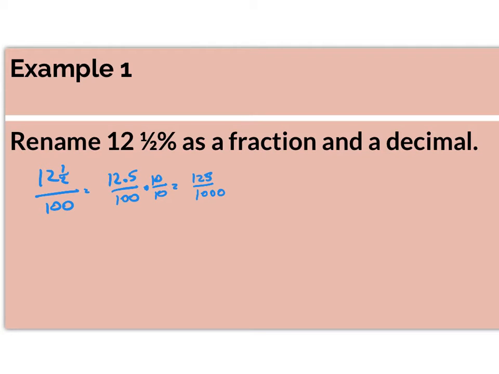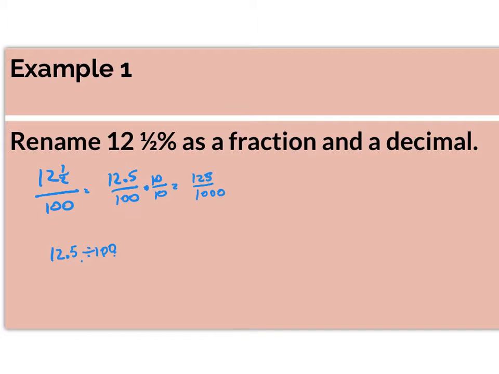So now that we have that, let's take 12.5 and divide it by 100. Here's a little trick with dividing by tens, hundreds, thousands, multiples of 10. If you're dividing by 100, the decimal point is going left, and however many zeros there are is how many places you move.